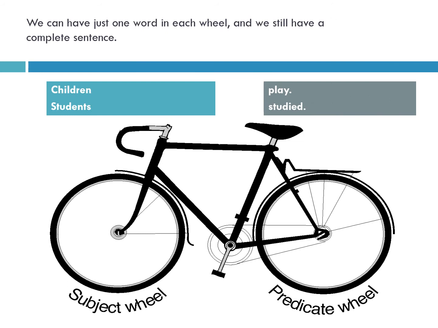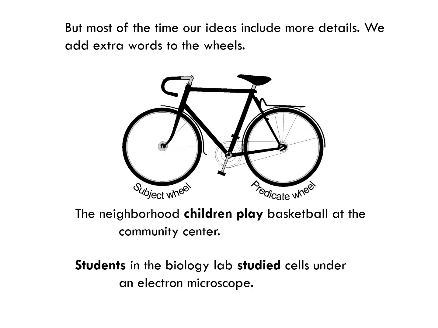We can have just one word in each wheel and we still have a complete sentence. Children play, students studied. Most of the time, our ideas are a little more intricate or involved. The neighborhood children play basketball at the community center. Students in the biology lab studied cells under an electron microscope.